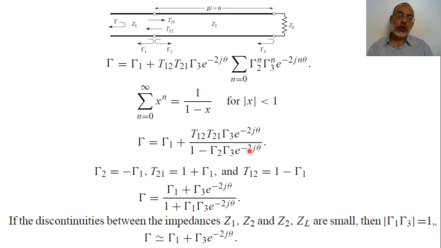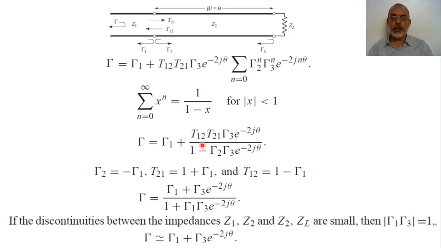But actually we know that gamma 2 equals minus gamma 1, T21 equals 1 plus gamma 1, and T12 equals 1 plus gamma 2, which is actually 1 minus gamma 1.